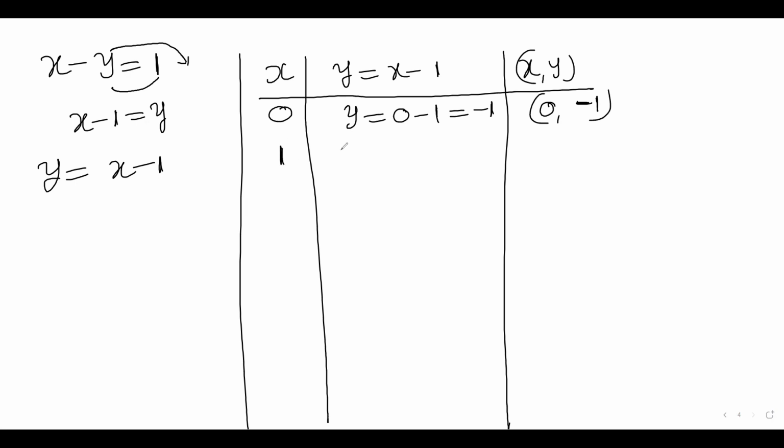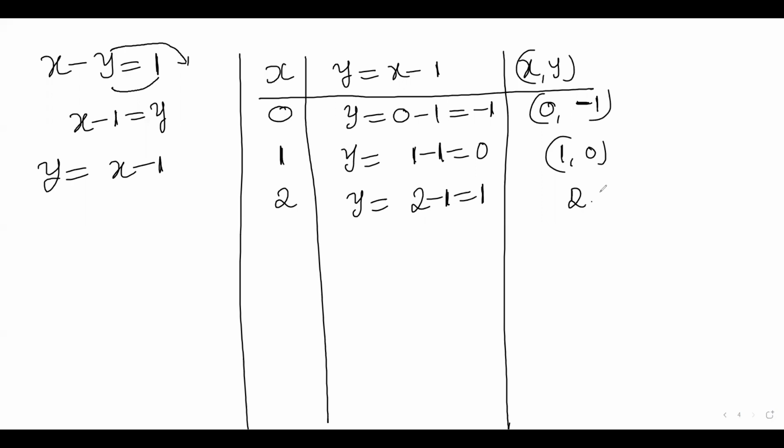Put x is equal to 1. 1 minus 1 is 0. 1 comma 0. X is equal to 2. 2 minus 1 is equal to 1. So 2 comma 1. X is equal to 3. 3 minus 1 is equal to 2.